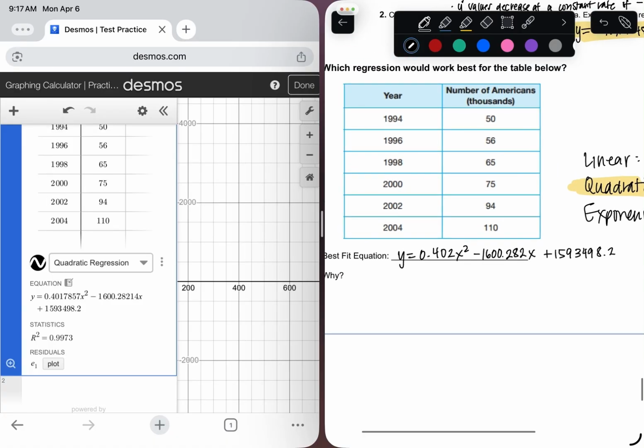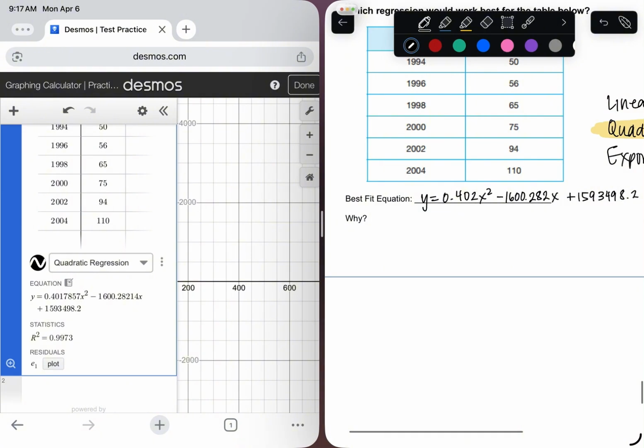These numbers would be better if you did years since 1900, but we just typed them in as is. And so the r squared value is closest to 1.